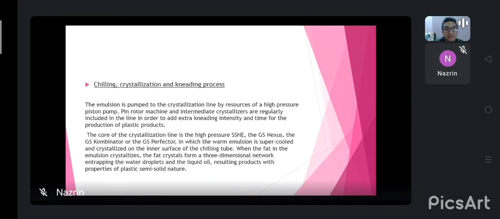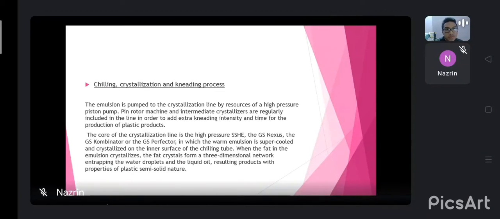Then the next phase is the chilling, crystallization and kneading process. The emulsion is pumped to the crystallization line by means of a high pressure piston pump. A pin rotor machine and an intermediate crystallizer are regularly included in the line in order to add extra kneading intensity and time for the production of plastic products.